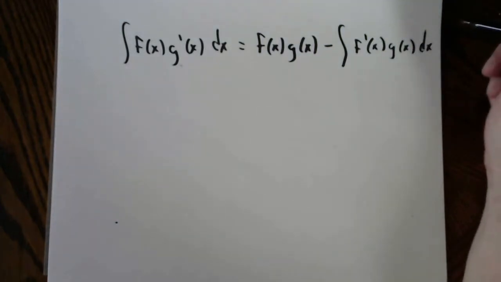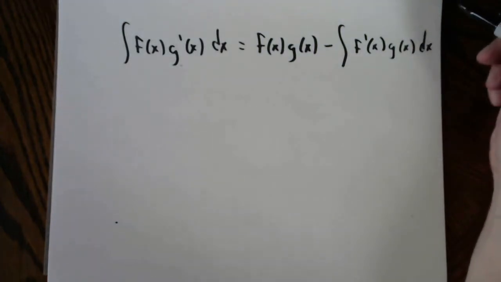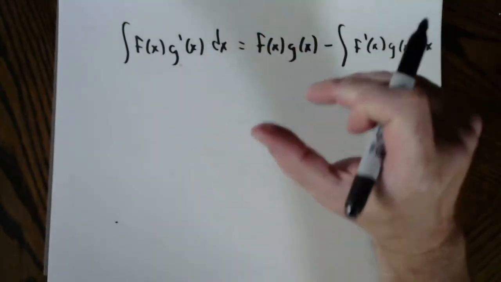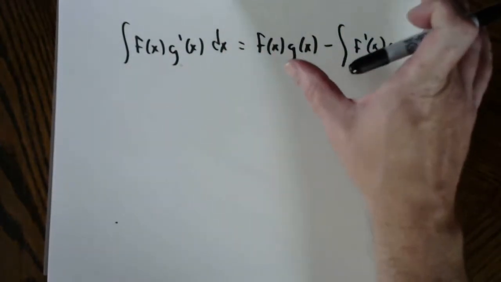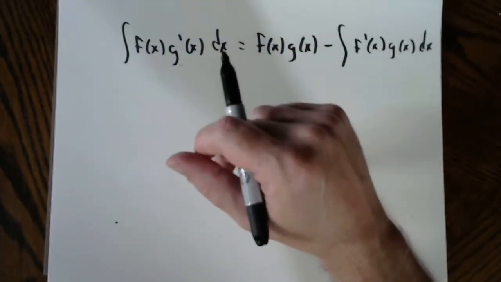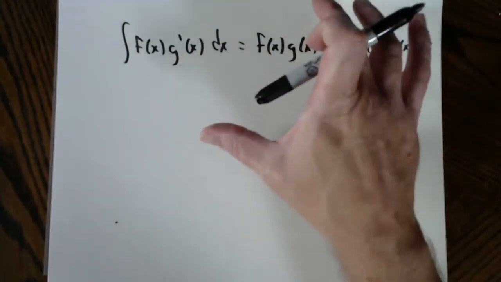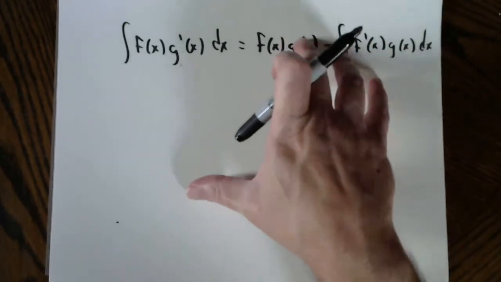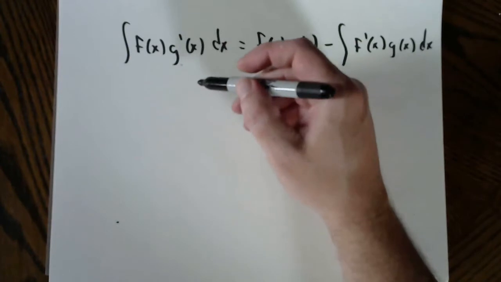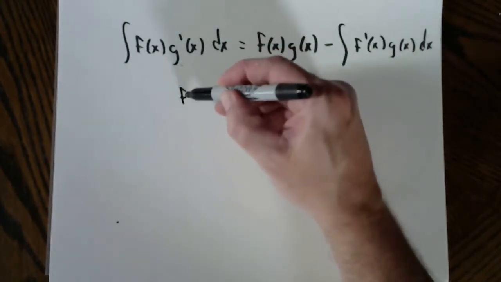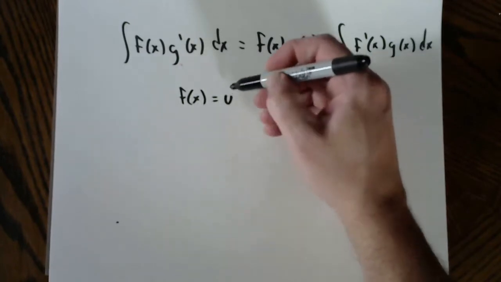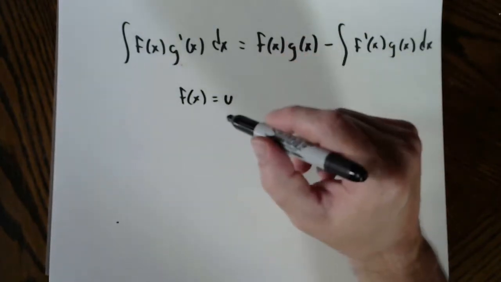Okay, so big deal. Well, I just rearranged the product rule. What I'm going to do next is just modify notation. I'm not really doing anything algebraically or calculus-wise. I'm going to change the notation to make it look cleaner. That make sense? Okay. So I'm going to let f of x, I'm going to call u. This is kind of the standard notation for this thing.